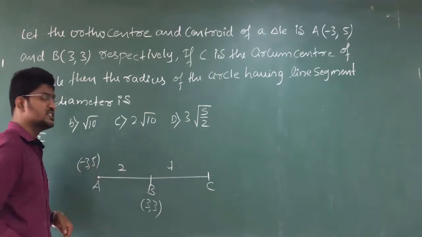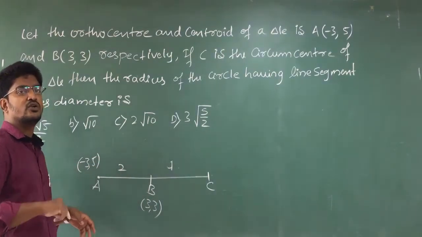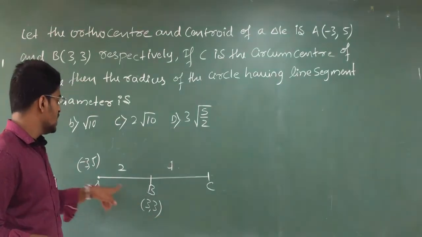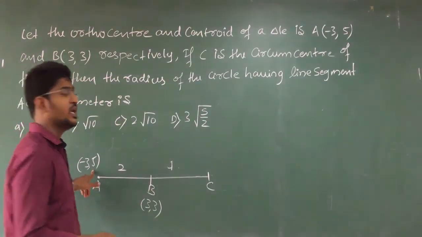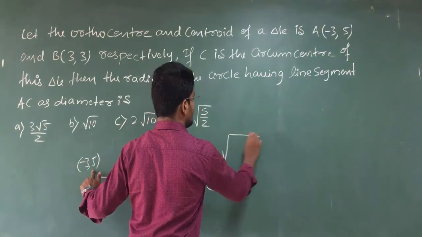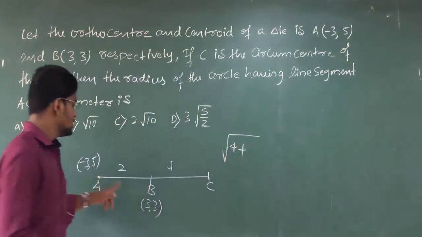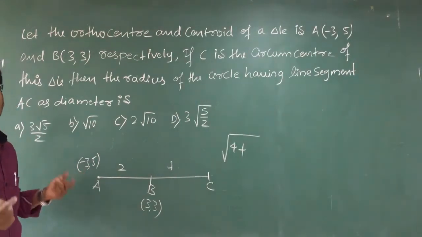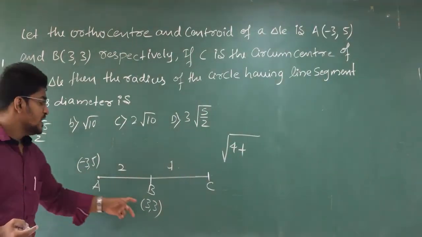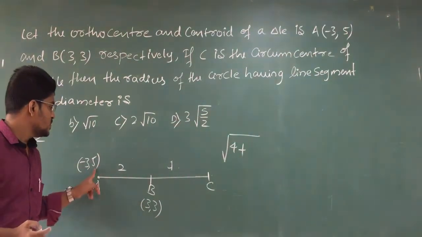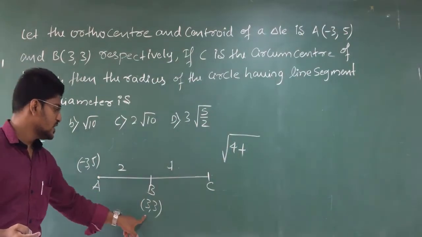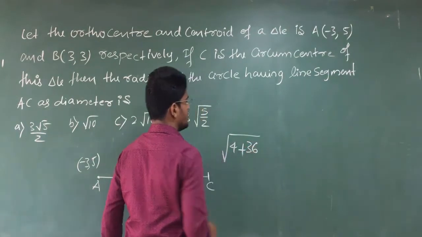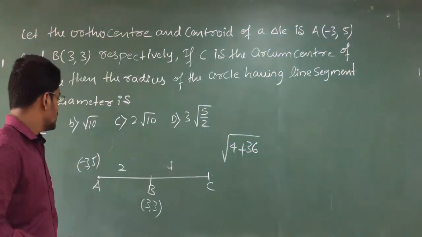How to calculate the distance of AB? Square root of (x2 minus x1) whole square plus (y2 minus y1) whole square. So 3 minus 5 is minus 2, square will be 4. Then 3 minus of minus 3 will be plus, 3 plus 3 is 6, whole square is 36. Clear?